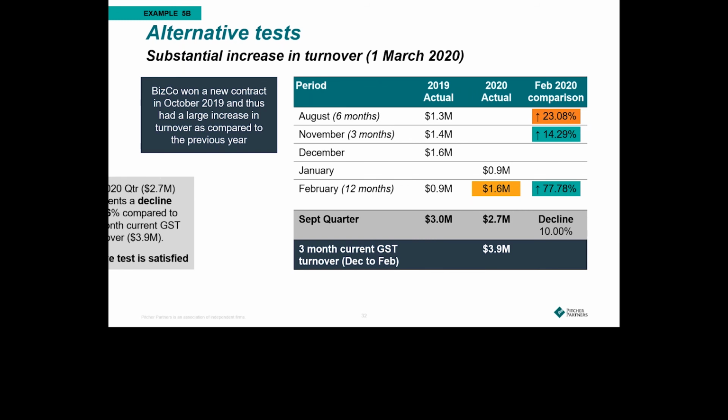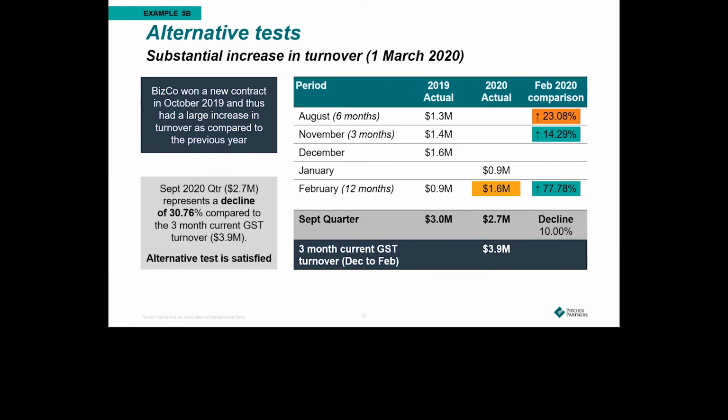But as we've already touched on, BizCo has another shot at this test by instead using the 1st of March 2020 as its comparison point. Again, BizCo satisfies the gateway provisions because it can demonstrate that its business grew by more than 50% in the 12 months before the 1st of March 2020.